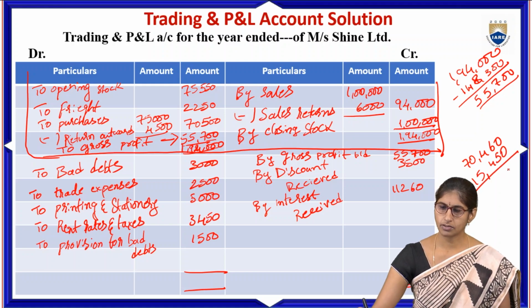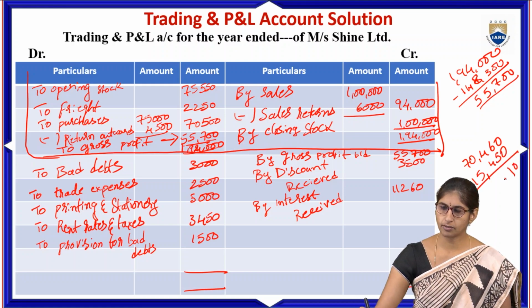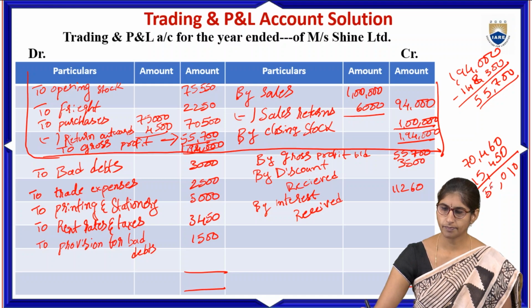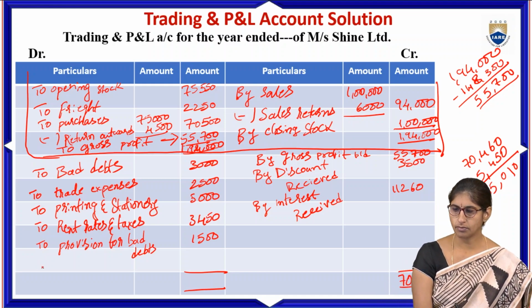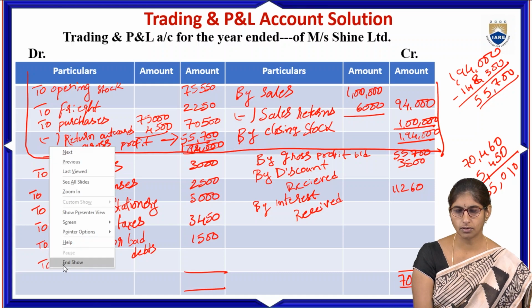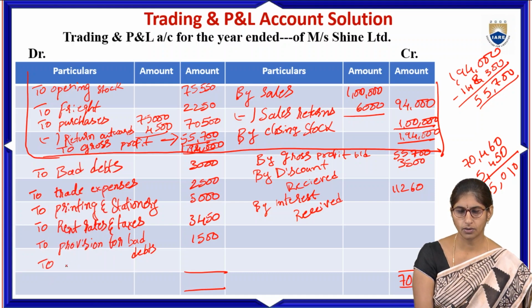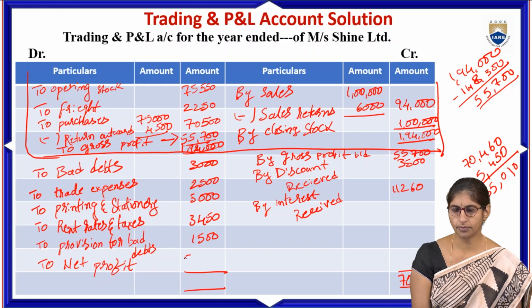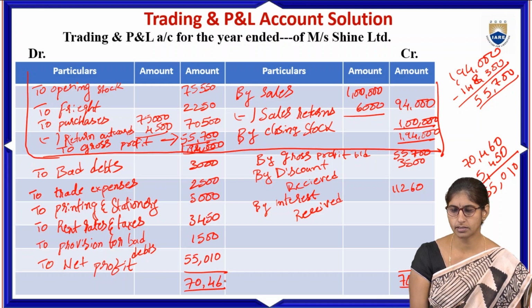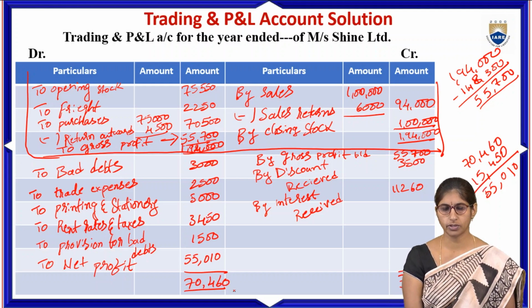So the balancing figure would be 55,010, the net profit, and now total of debit is 70,460.